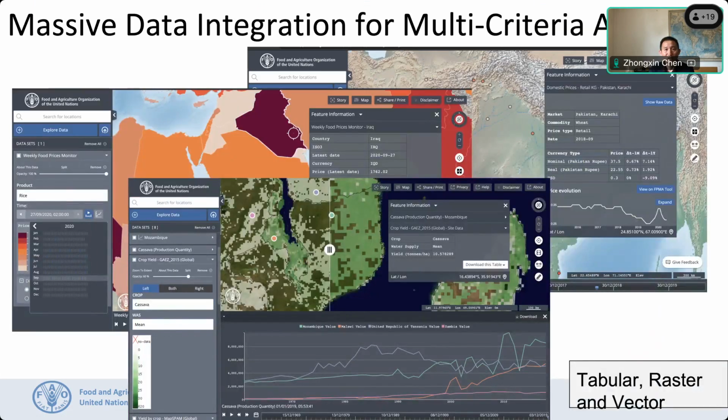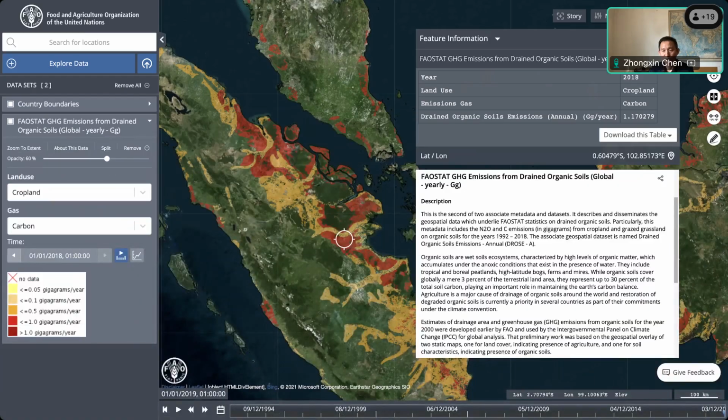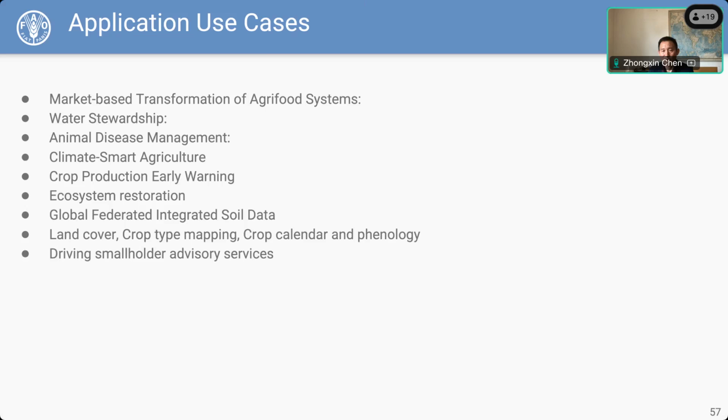There are a lot of applications, and it also integrates raster, vector and tabular data together for very complicated analysis.